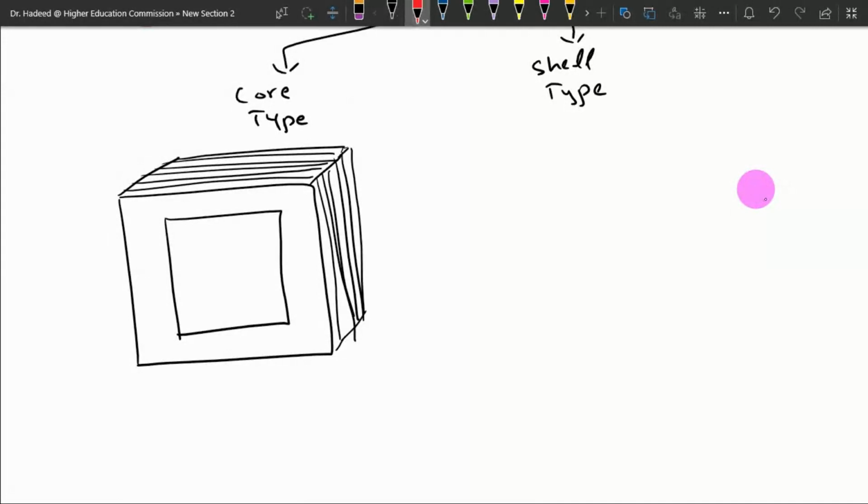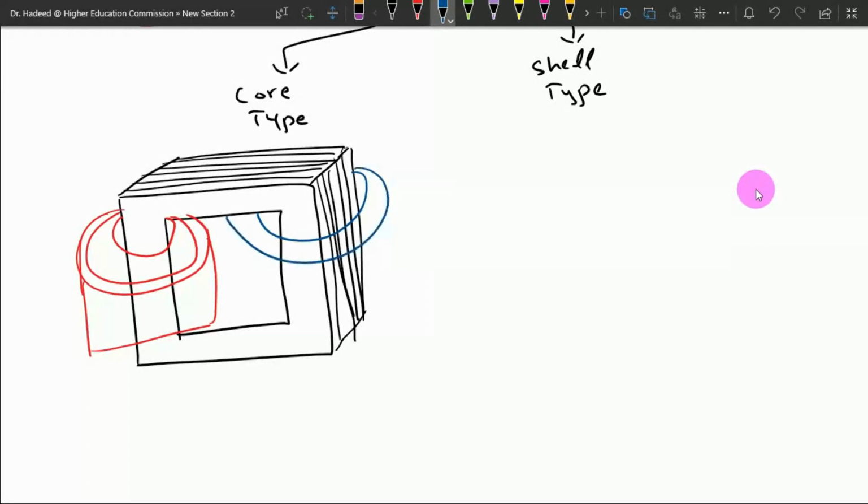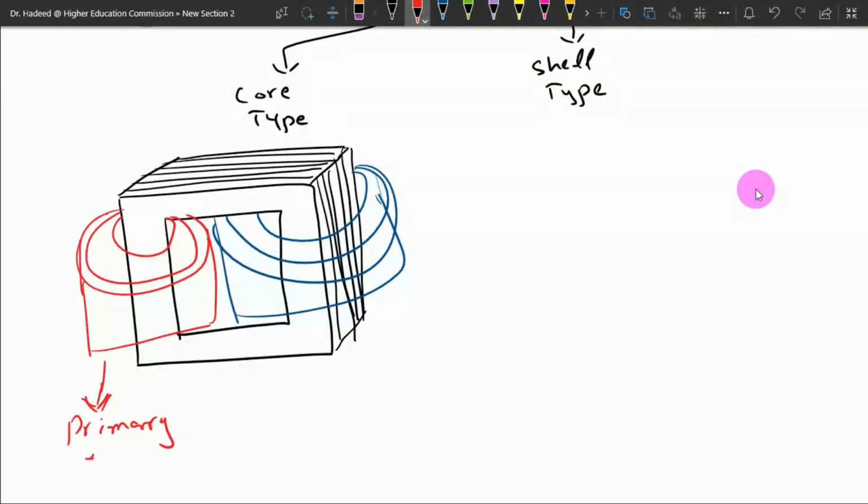And over them we wind the primary winding in here, while the secondary winding is wrapped here. So this is the primary side, this is the primary winding. The primary winding is also the input port, and the secondary winding is usually the output port.